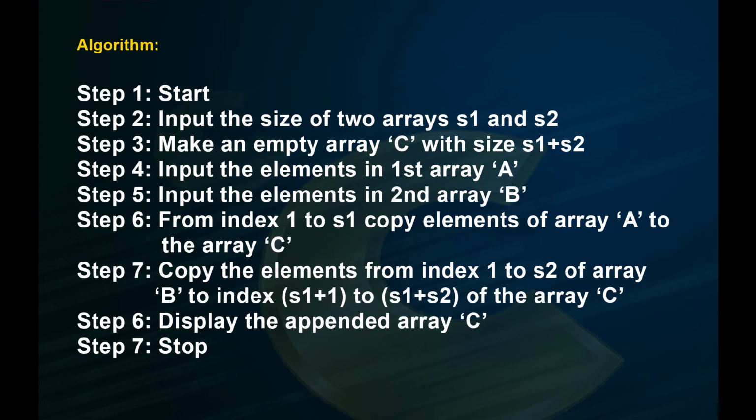Step 6, from index 1 to S1, copy elements of array A to the array C. Step 7, copy the elements from index 1 to S2 of array B to index S1 plus 1 to S1 plus S2 of the array C.